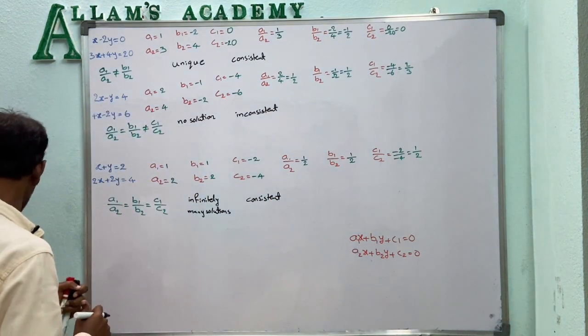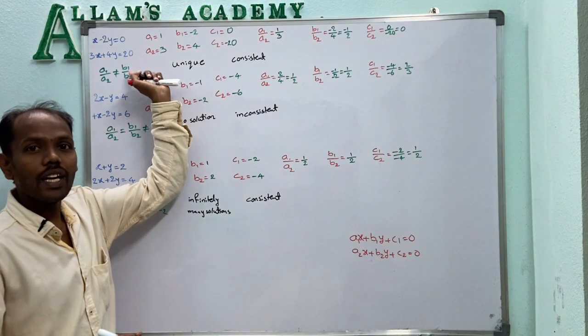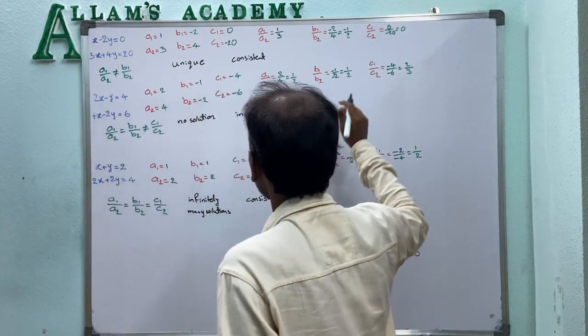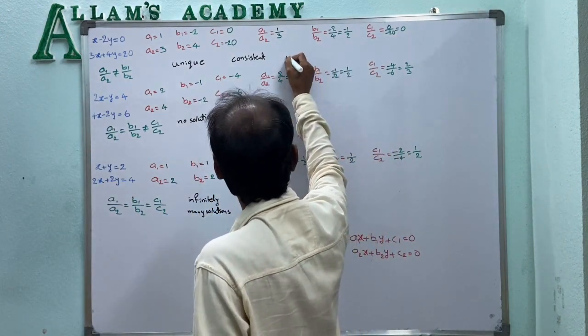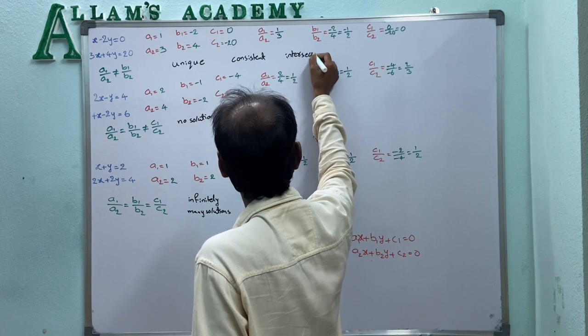Next, here the two lines are intersecting. So if a1/a2 is not equal to b1/b2, we get intersecting lines.